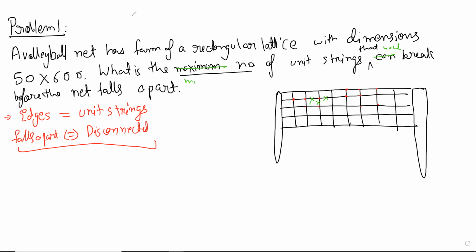Okay, let me just make things more clear. What I'm asking now is the minimum. What is the minimum number first? Four seems to be working, but can we do with less than four?